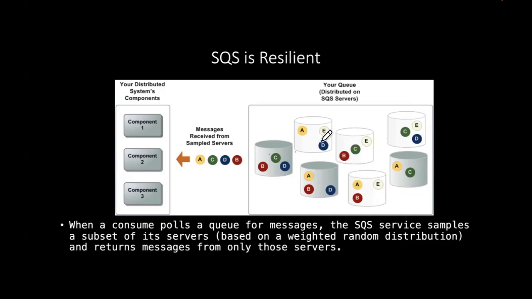It won't make a copy onto every node. It will only make a copy onto a subset of nodes, and that subset is completely arbitrarily chosen. And on the consuming side, when the consumer polls SQS, SQS selects a subset of the nodes, and it takes messages from that subset of nodes.